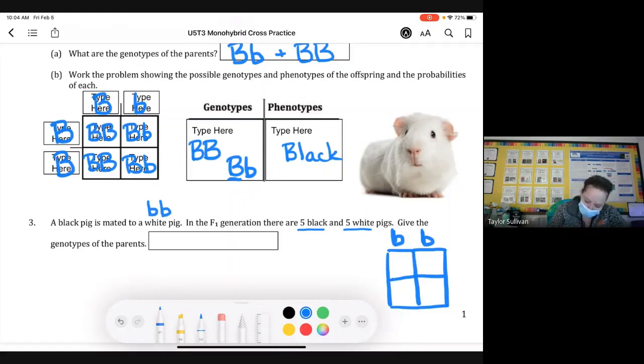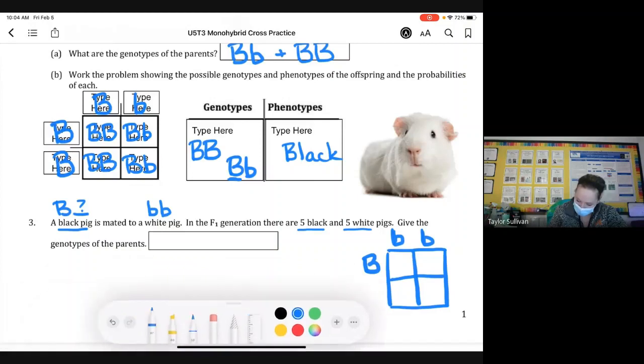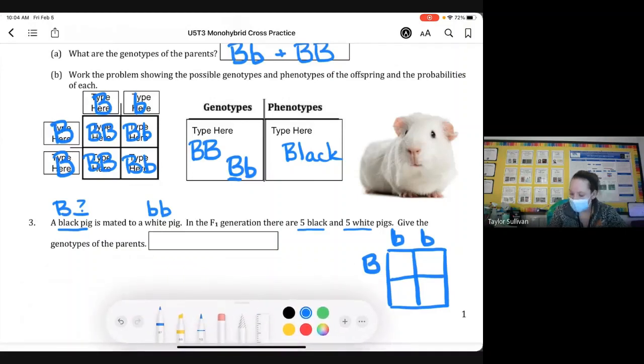And we know that the black guinea pig has to have at least one big B, but we don't know if they are homozygous or heterozygous. If I have a big B for their first allele, I would end up with babies that are big B, little b.